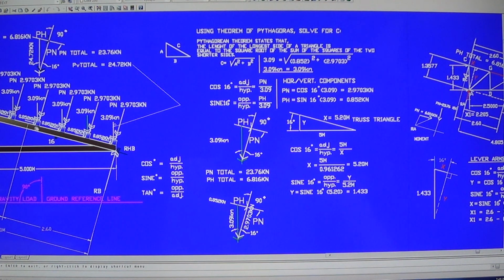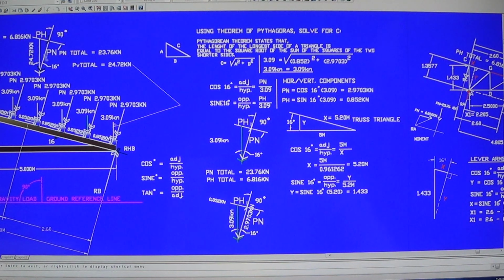To apply that to the rafter, you have to calculate the total magnitude of that load, so you multiply it by 8. The final total load of Pn, the load normal as we resolved it, is 23.76 kilonewtons, and the total horizontal component, 0.852 multiplied by 8, you get 6.816 kilonewtons.